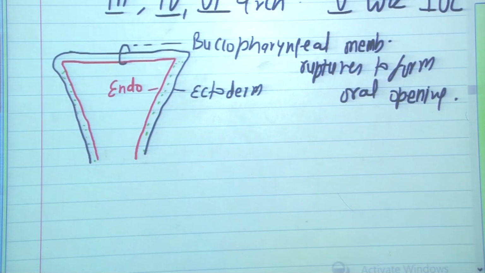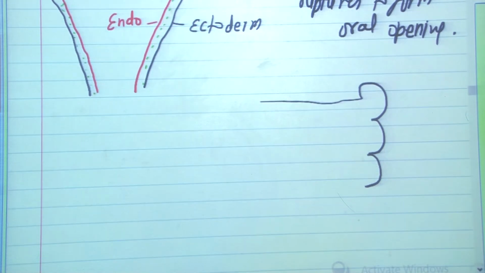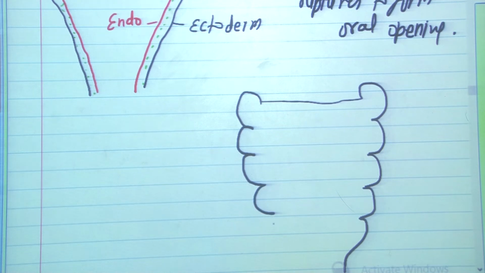So see the next diagram. This is the buccopharyngeal membrane, and rod-like thickening appears in the mesoderm, which are total 5 in counting: 1, 2, 3, 4 and 5.